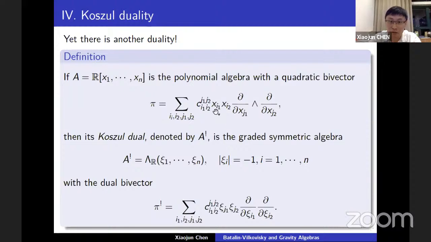If the coefficient is like this, suppose I1 is not equal to J1 and I2 is not equal to J2, or if you sum over this, if I1 and I2 equal J1 and J2, then you can check that this quadratic Poisson structure is diagonalizable.